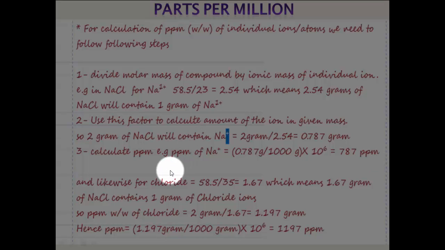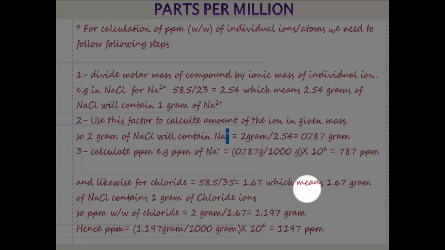Likewise, if we need to calculate the ppm concentration of chloride ions, then we need to divide the molar mass of sodium chloride by the ionic mass of chloride ion, which is 35.5 here, and we get 1.67.